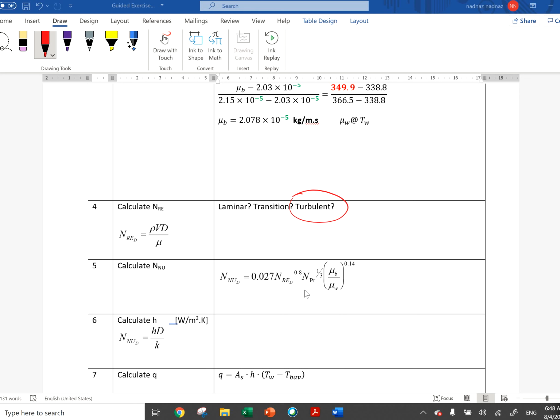For the Nusselt number, you should be able to cancel out the units and obtain a dimensionless value. For the H value in step number 6, once you already have your Nusselt number, then you can calculate the H here.